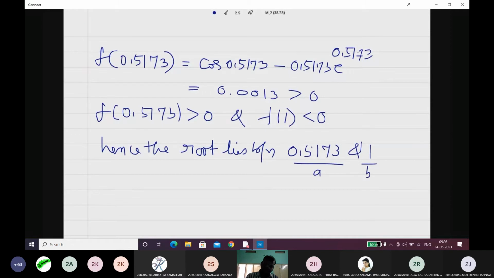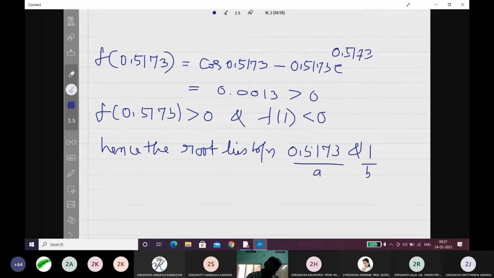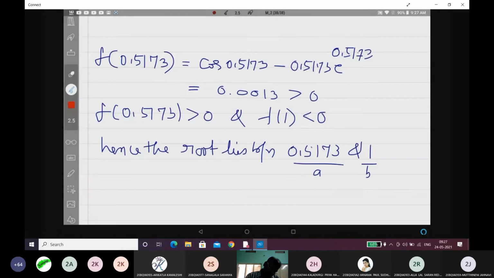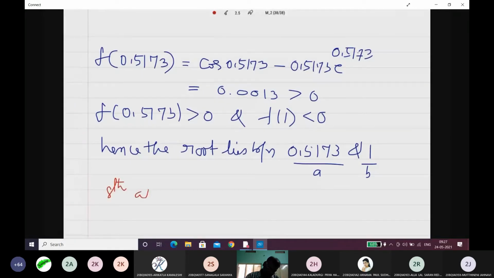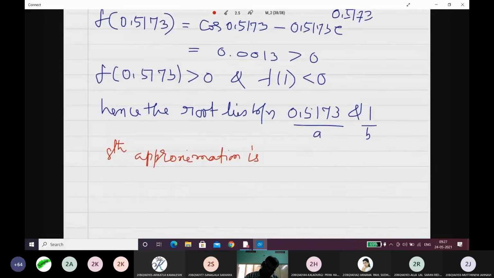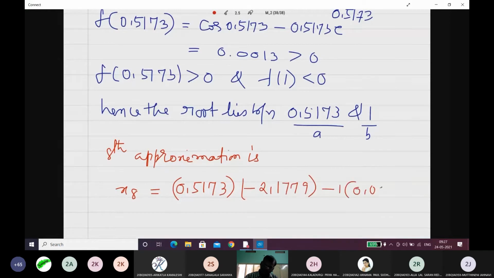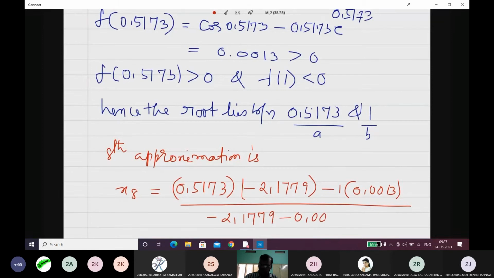Now the eighth approximation is x8 is equal to A, 0.5173 minus 2.1779 minus 1 into 0.0013 divided by minus 2.1779 minus 0.0013.